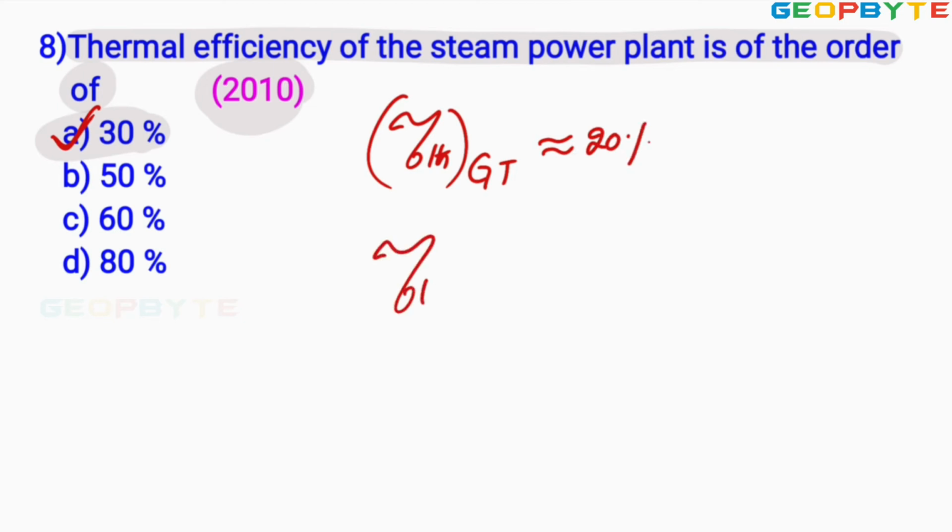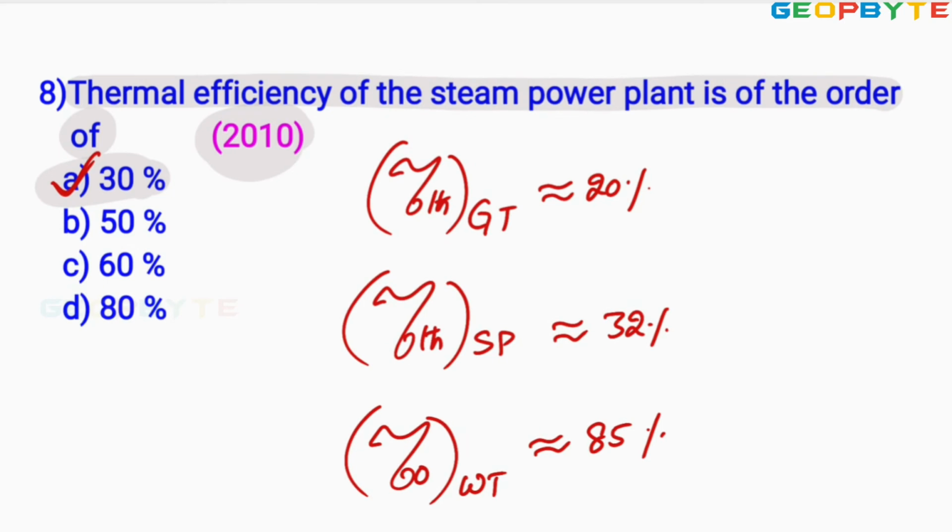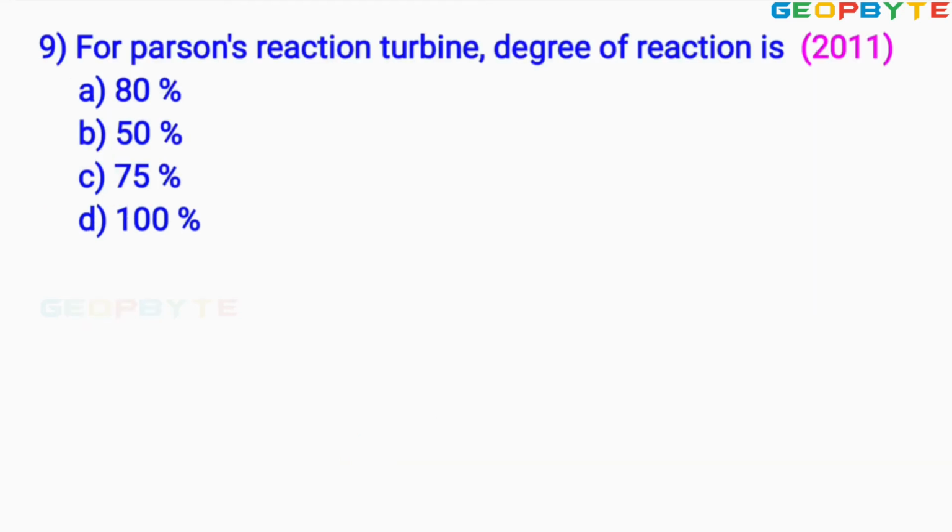Thermal efficiency of the steam turbine power plant is approximately 30% or 32%, whereas the overall efficiency of the water turbine power plant is around 85%. Anyhow, the thermal efficiency of the steam power plant we can take in the order of 30%. Let's go for the next problem.